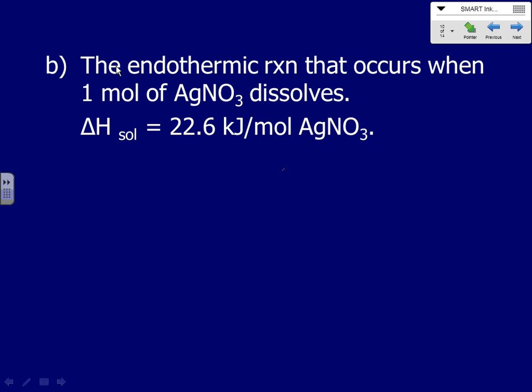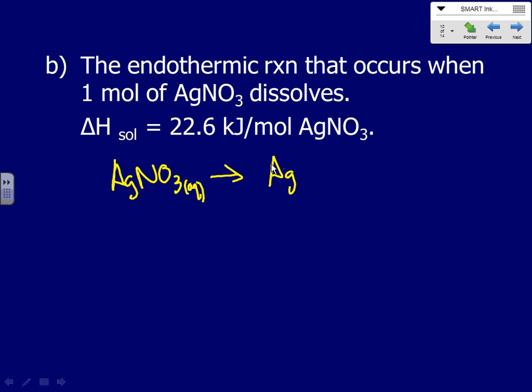Same thing. An endothermic reaction that occurs when 1 mole of AgNO3 dissolves, and we've got the heat of solution. What we're really testing you on here is writing a dissolving reaction. AgNO3 solid as it dissolves. Actually, maybe we should put aqueous here because it has dissolved. It doesn't really matter. Aqueous.